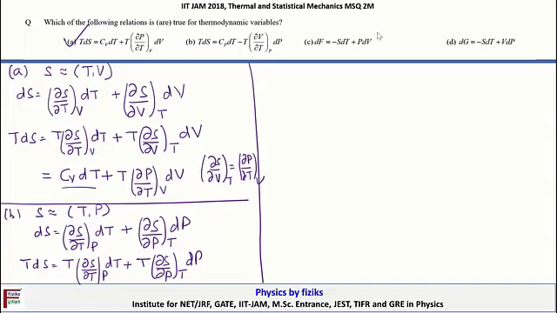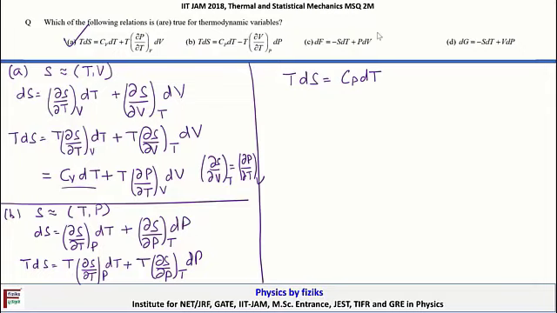The first term on the right-hand side, T dS by dT at constant pressure, will give us Cp basically. So T dS is equal to Cp dT. Again we will make use of the Maxwell relation.